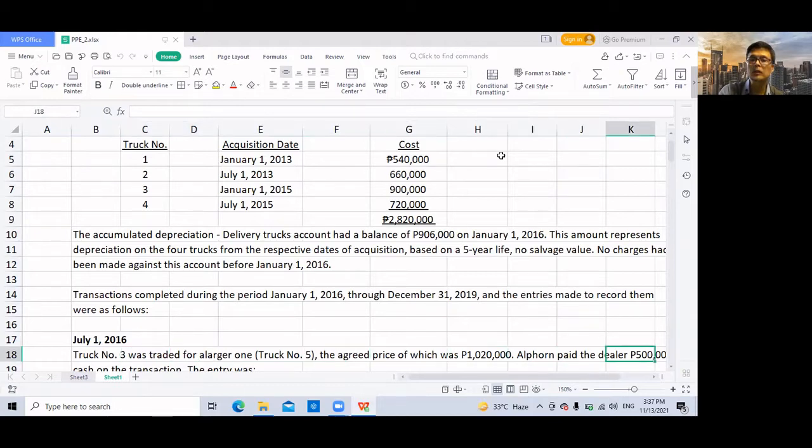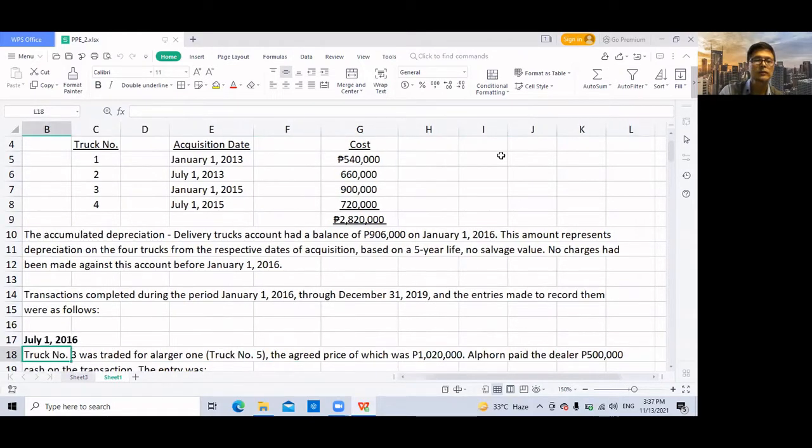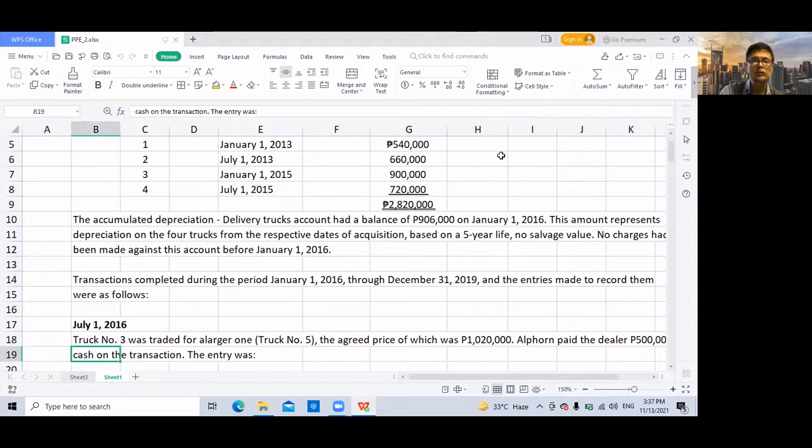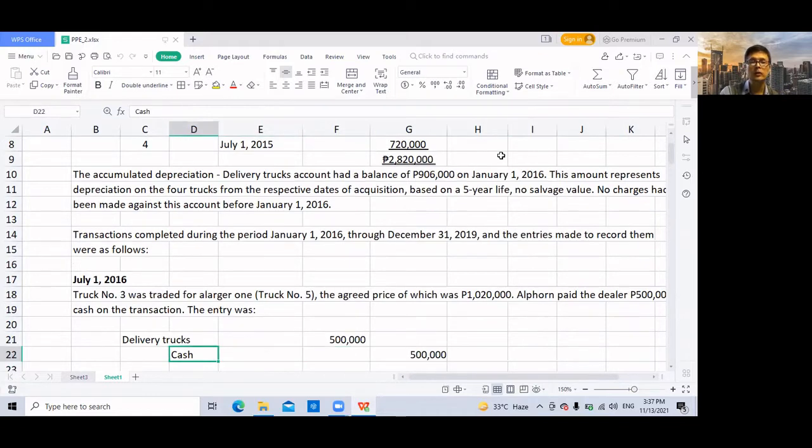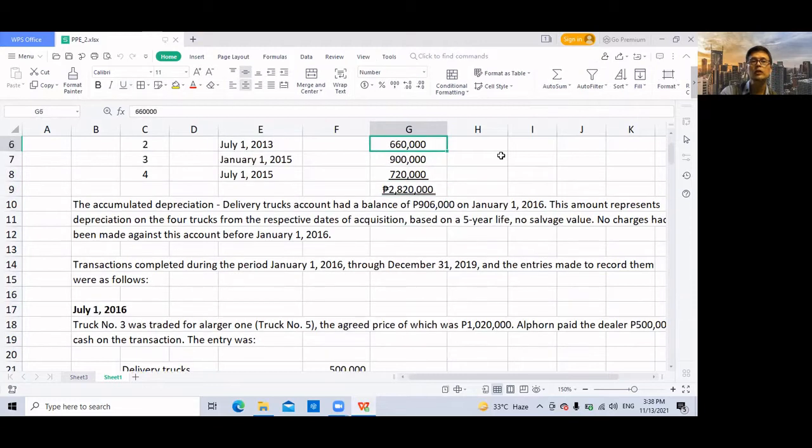Alfred paid the dealer 500,000 cash on the transaction. The entry made was debit delivery trucks for 500,000 and credit cash 500,000. Now, kung titignan natin dito, kailangan computein natin yung trade-in value. Kasi trinade niya yung truck number 3 niya, bought in January 1, 2015, for a larger one, yung truck number 5.